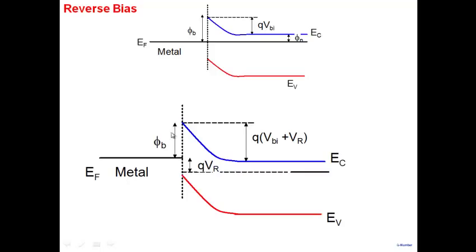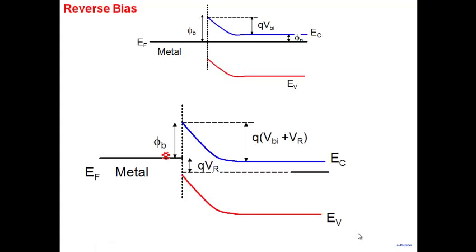So again, phi_B is fixed here. Okay, so for ours phi_B doesn't change. We'll talk about it a little later on. To a first order approximation, phi_B doesn't change with bias. It remains the same here. And so the barrier here becomes larger. Okay, so look at the energy band diagram under reverse bias condition here.